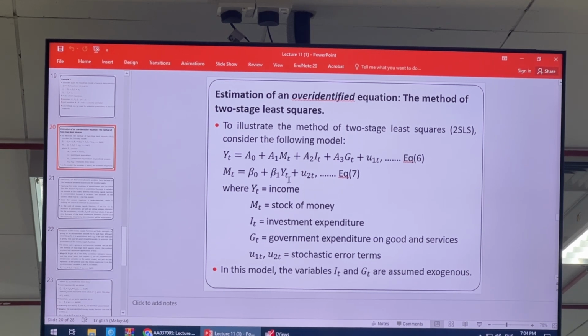Not only those that come from this equation, but also those from the entire system of simultaneous equations. So the predetermined variables we have, I and g, are exogenous. So you have to regress y against I and g to get the fitted value of y, and then in the second stage use the fitted value of y to regress this model, this equation. So that is two stages.